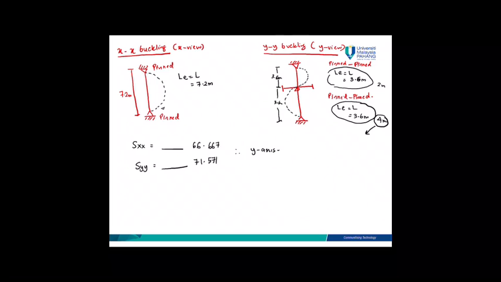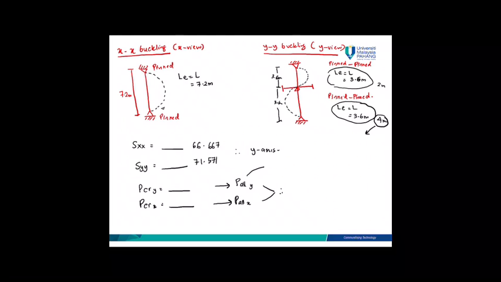Okay, and then you calculate the allowable PCR for Y axis, PCR for X axis, and then after that you calculate P allowable for Y, P allowable for X, and then from here you make a conclusion.